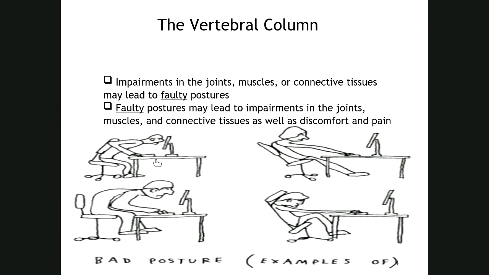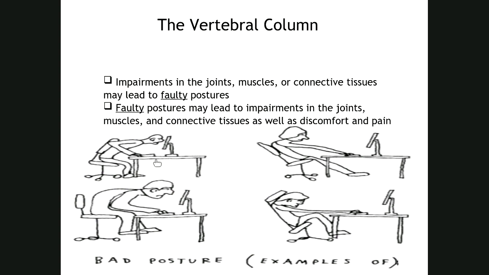That faulty posture, 5 days a week for 8 hours, is going to lead to impairments in the joints, the muscles, and the connective tissues, and it's obviously going to be accompanied by pain and some discomfort.